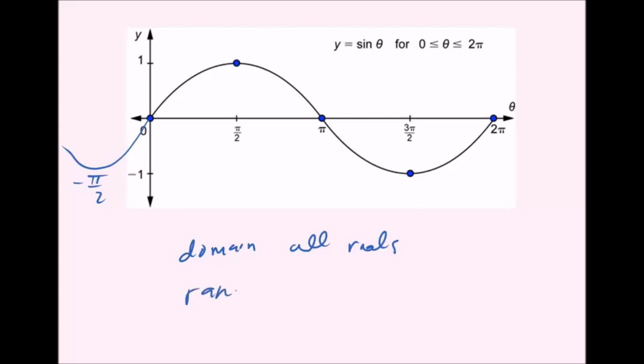And the range is the distance from the top to the bottom. So the range is -1 is less than or equal to y, less than or equal to 1. Because it can be -1, and it can be 1, and everything in between. So it's capped at -1 and 1, but it can also be those. That's why we have the equal to as well.